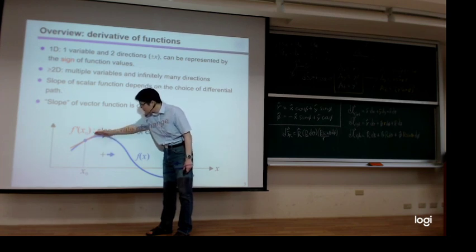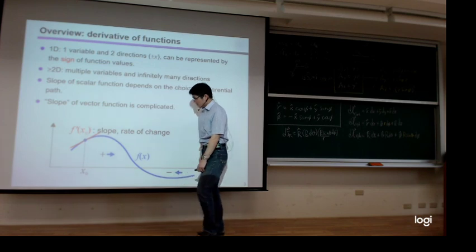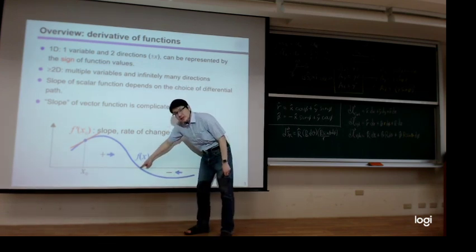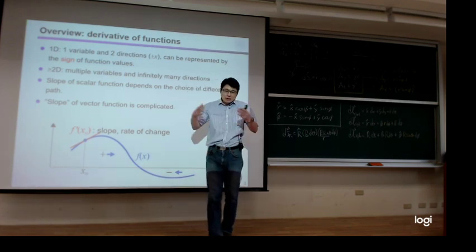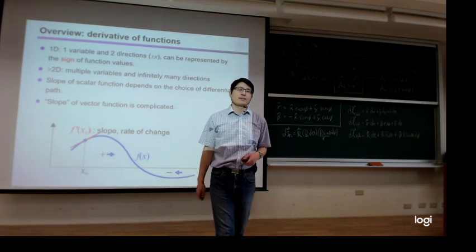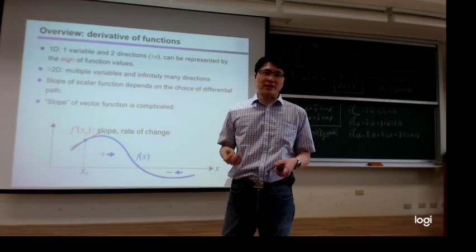So at this point, the rate of change is 0. At this point, the slope is negative, right? So you can find the slope. But what is the benefit of knowing the slope?